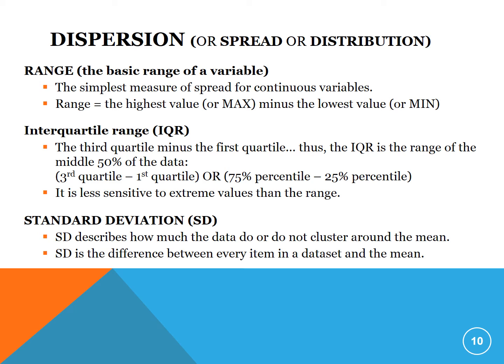Then we have the interquartile range. This one is based on the median. So the interquartile range is the third quartile minus the first quartile, and therefore we call it the IQR. It's the middle 50% of the data, interquartile.